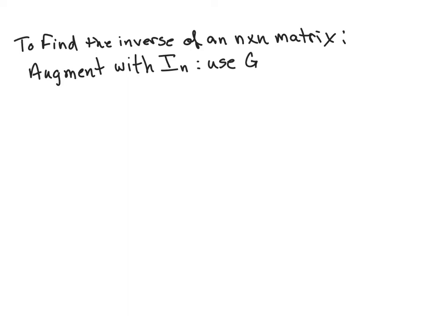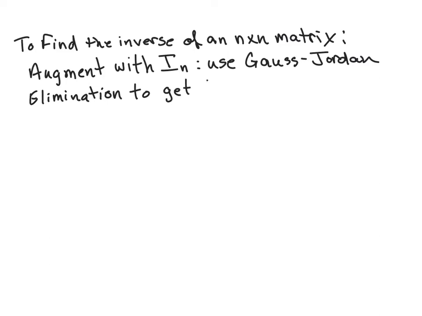Use Gauss-Jordan. That's what we just did. Elimination. To get the identity on the left.